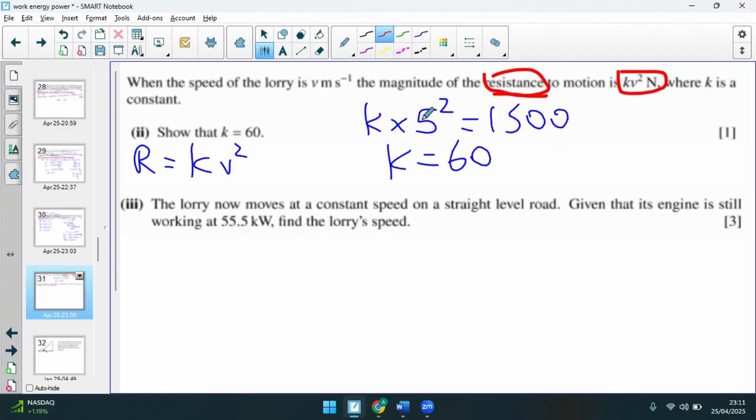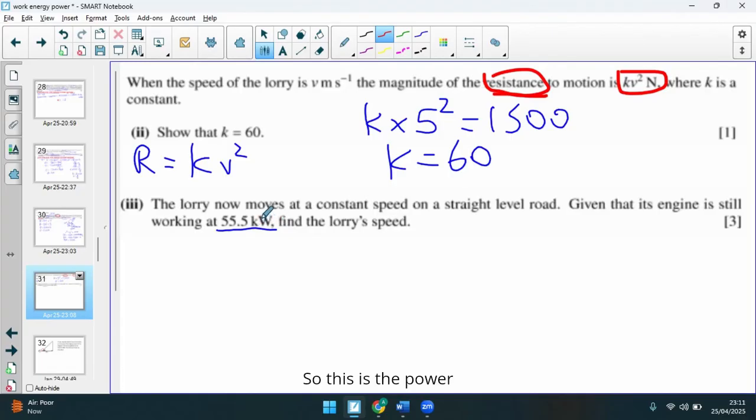Now part triple I. The lorry now moves at a constant speed on a straight level road. The engine is still working at 55.5 kW. Now remember, this is the power, because it's in watts. So this is the power formula.